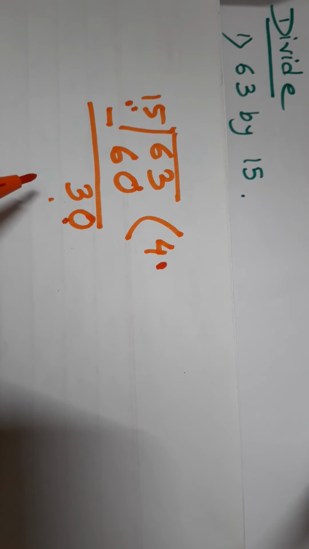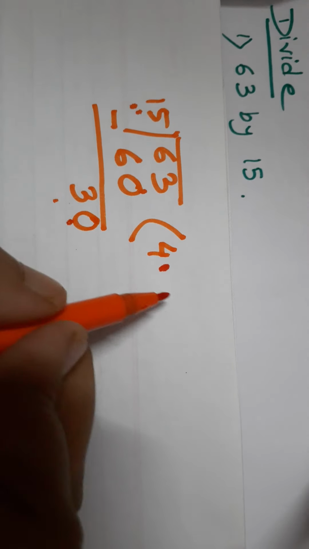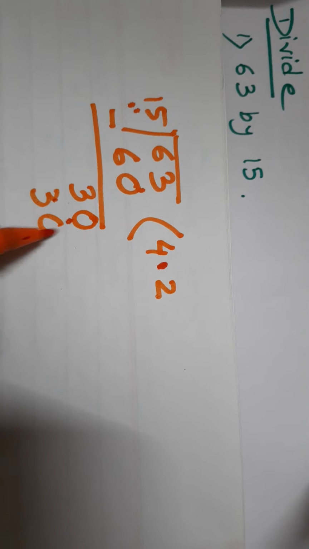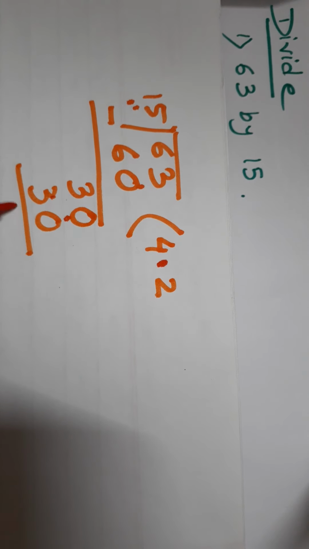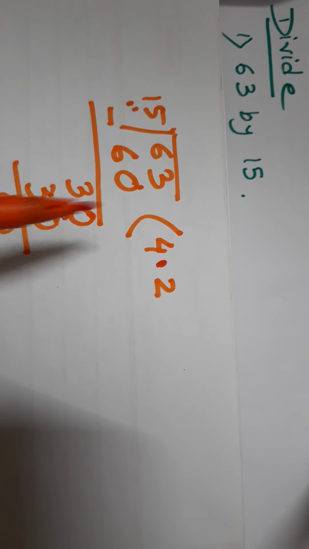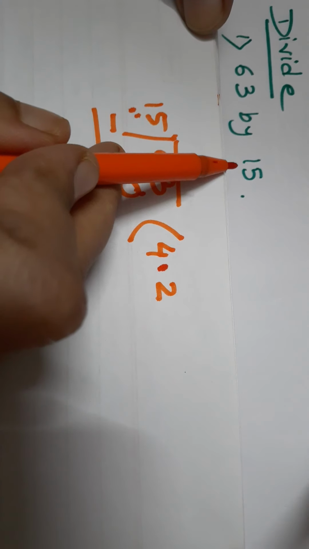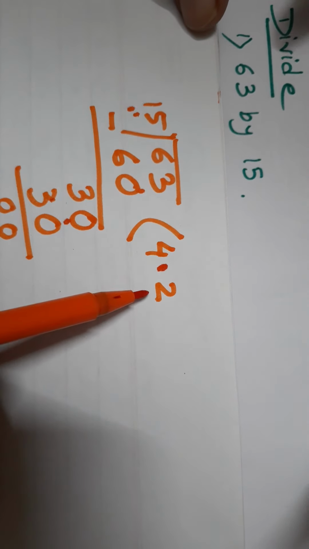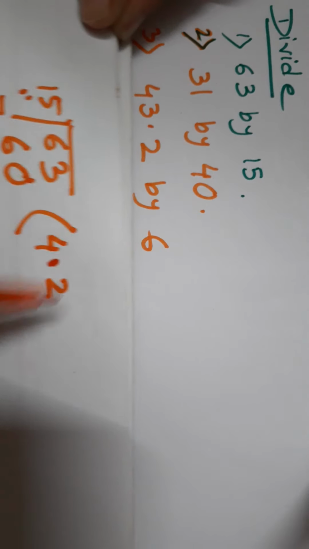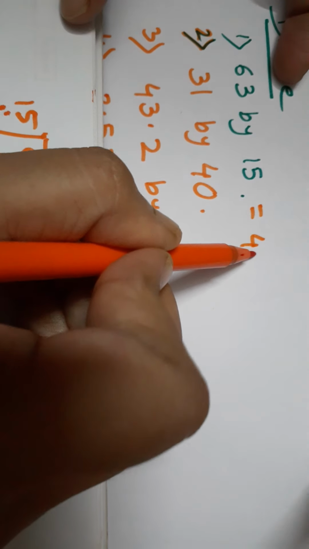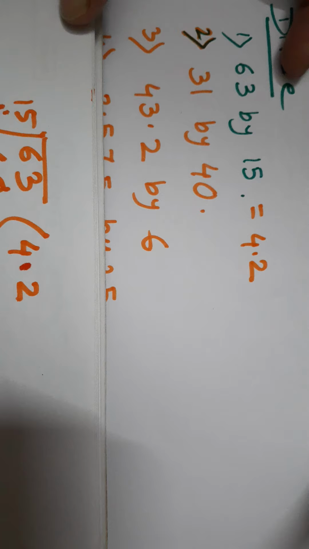That means 15 goes 2 times into 30. So now my remainder becomes 0. So if we are dividing 63 by 15, then the answer is 4.2.